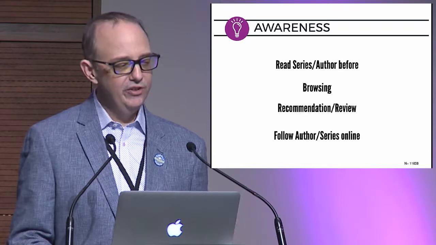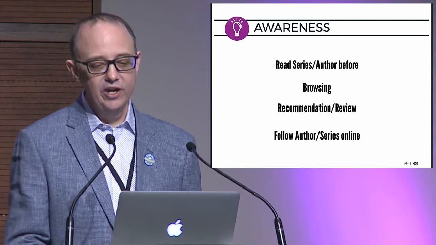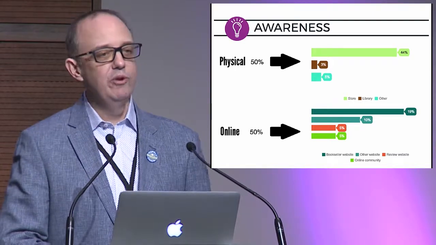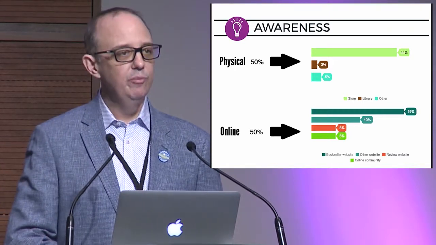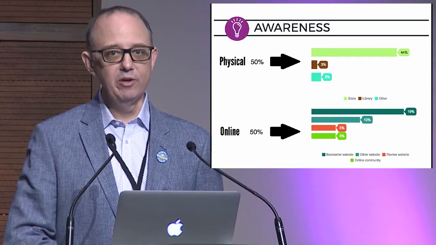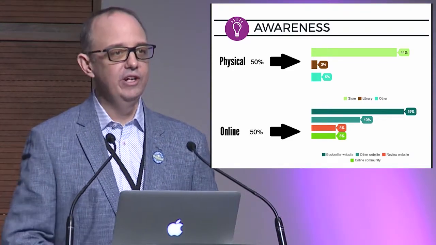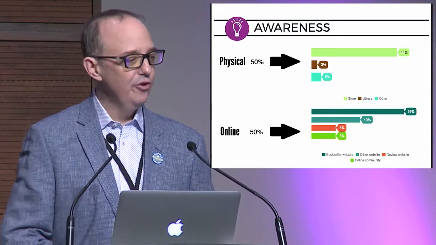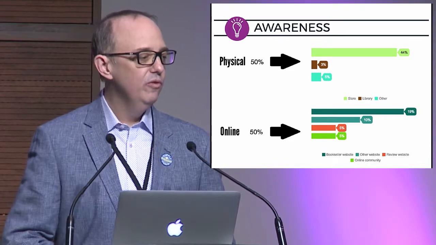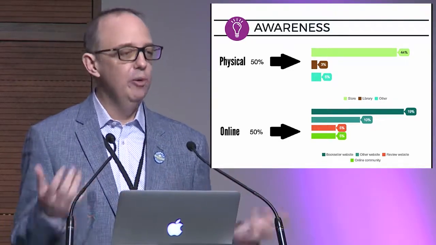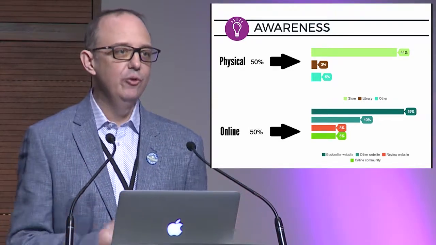So let's look at a few of these in more detail. I'm running out of time, so I won't take a ton. But awareness, when we look at that browsing category, this is how the browsing category breaks down. So it breaks down evenly when we ask people how they become aware. 50% of awareness for browsing is created online, and 50% is created in the physical store. And then when we further break that down, the physical awareness, or talking to people or going in store, is dominated by browsing inside the store.